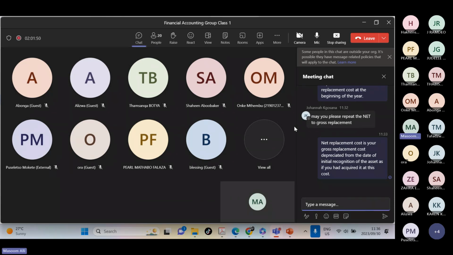Because you must have come across that in every question paper that wants you to do the revaluation retrospectively. Do you guys remember going through questions, even now in your tutorial letters, and reading that depreciation for the year is based on the most recent revalued amounts or the most recent estimate? You would have noticed the question saying something like that, right?